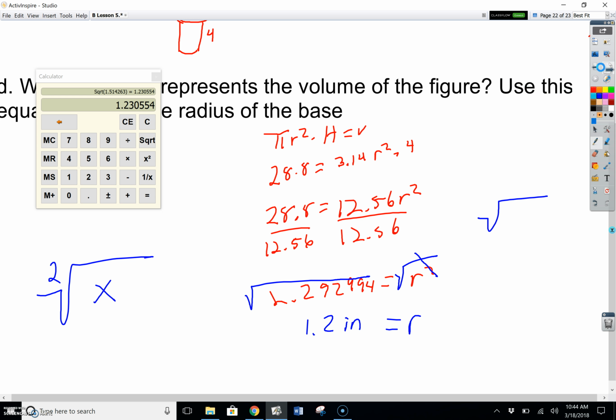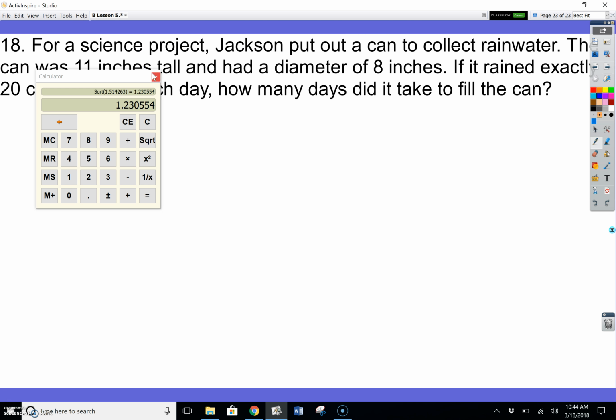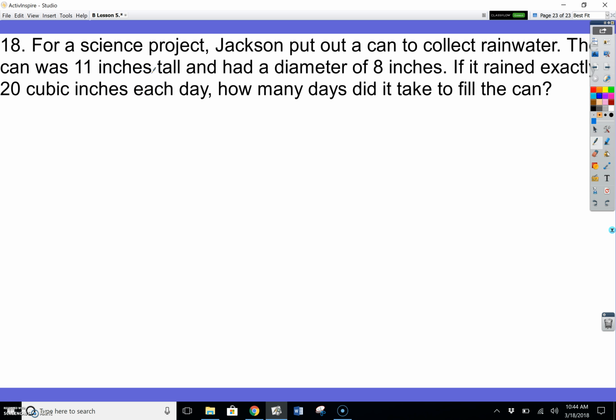All right, final question of the day. For a science project, Jack wants to collect rainwater. The can was 11 inches tall. So here's the can, so it's raining and water is filling up. The can is 11 inches tall and has a diameter of 8 inches.